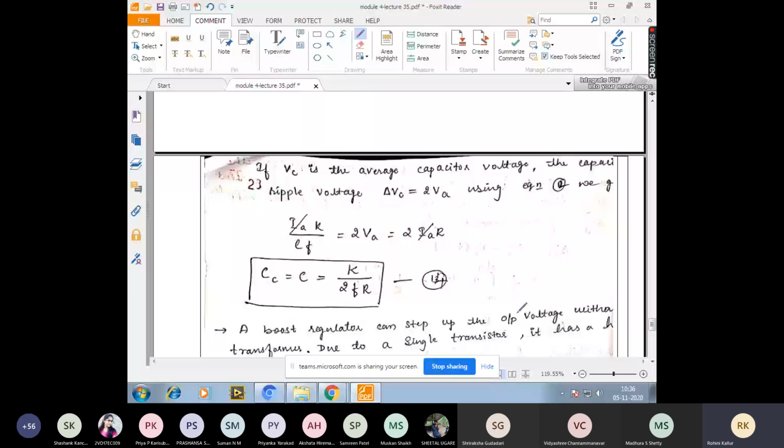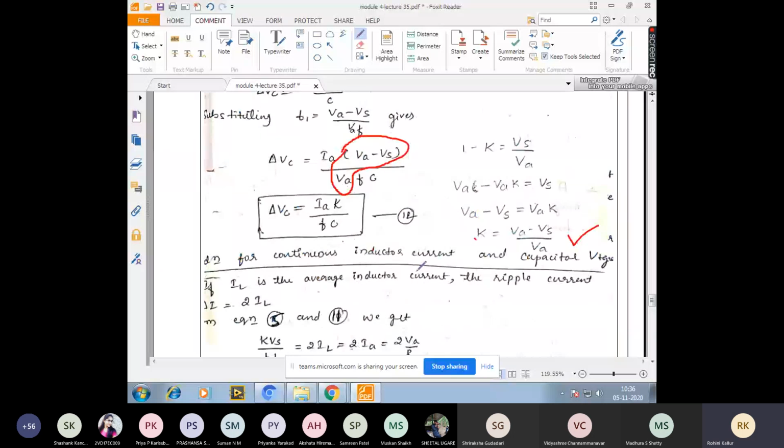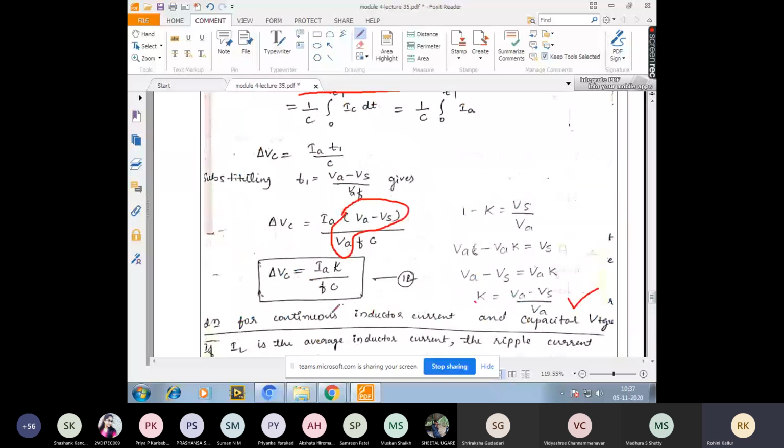In this equation, we'll write down the value for delta Vc, and we know what Va is. The delta Vc calculated is Ia into K whole divided by C into F. Here, delta Vc calculated is Ia into K divided by F into C. That is equal to 2 Va.